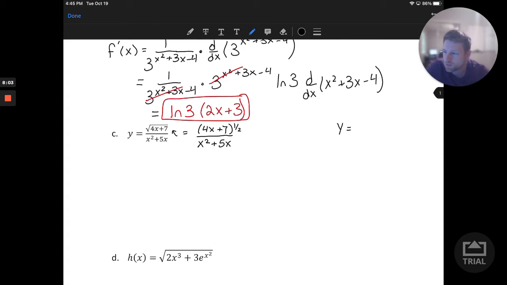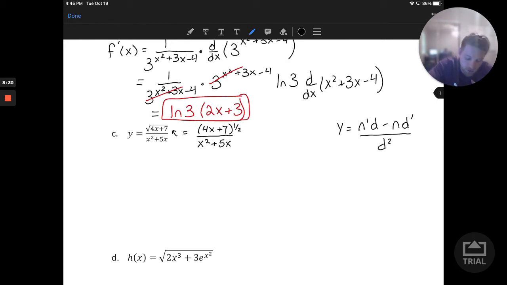So let's start with that quotient rule to begin with. Normally our quotient rule in terms of denominators and numerators is we would want to take the derivative of the numerator. So that would be, we call that n prime times the denominator minus n times denominator prime, and then finally denominator squared.